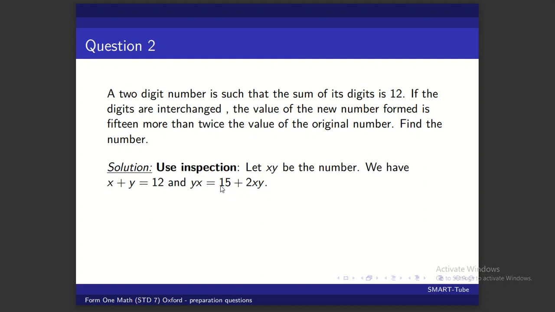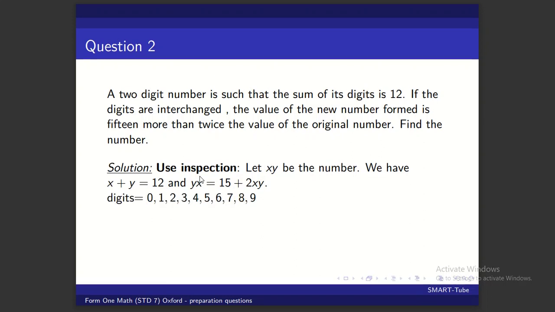Using this, I use inspection here. What are the digits? The digits are from 0 to 9, so we have 10 digits that can form a 2-digit number.